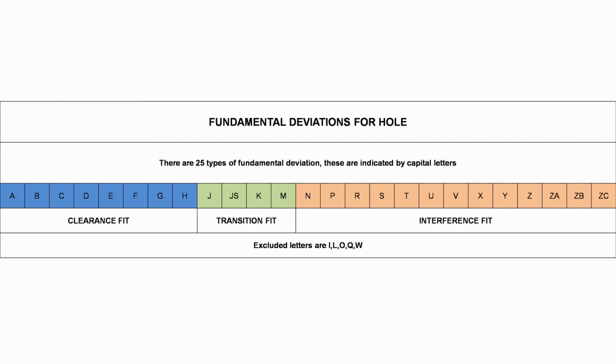Letters capital N, P, R, S, T, U, V, X, Y, Z, ZA, ZB, ZC will be used for interference fit. Letters capital I, L, O, Q, W will be excluded.